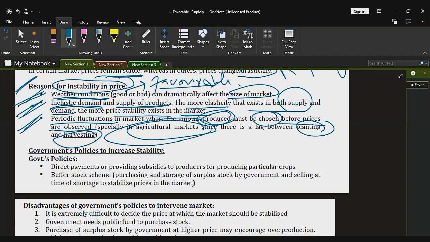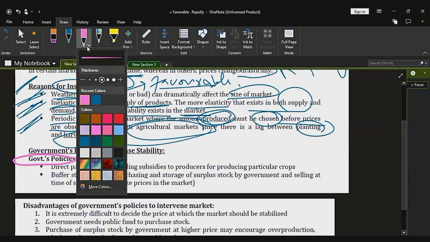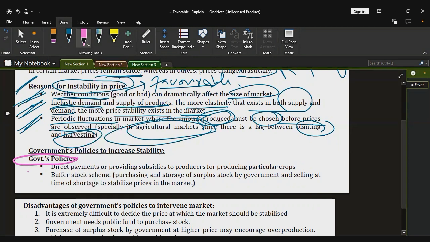First is government policies. Government can control these effects by making their policies stronger and more customer and supplier oriented, so they have plenty of supply in the market when required, especially in the case where demand for the products increases.